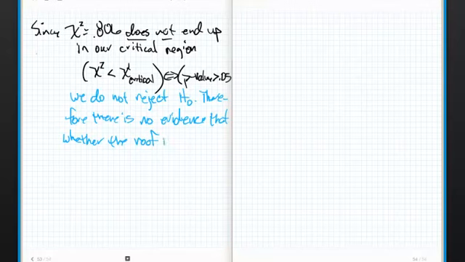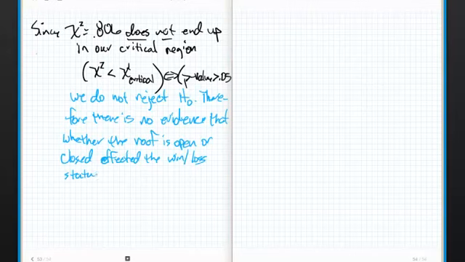Whether the roof is open or closed affected the win-loss status of the Astros.